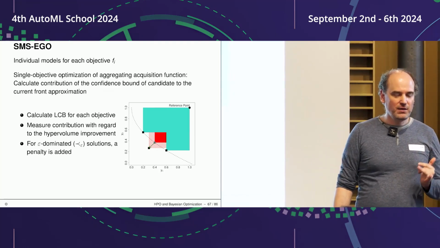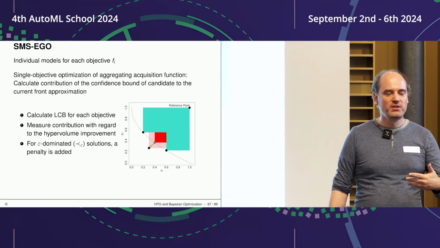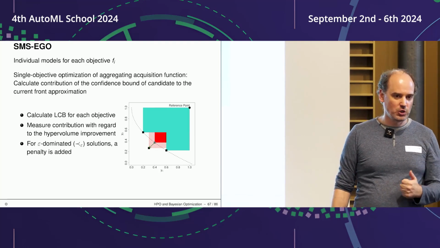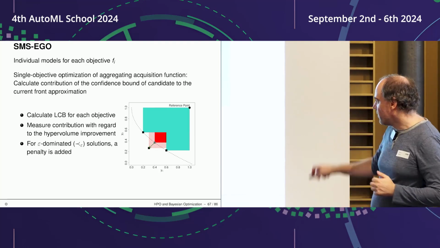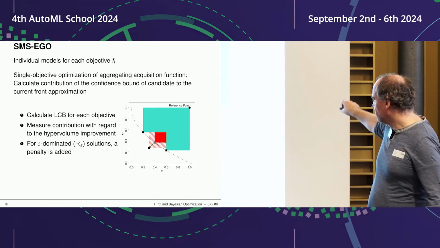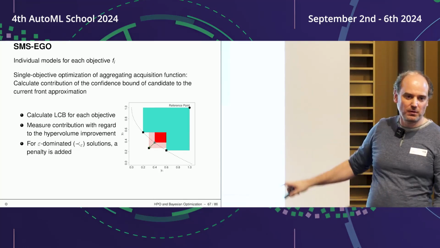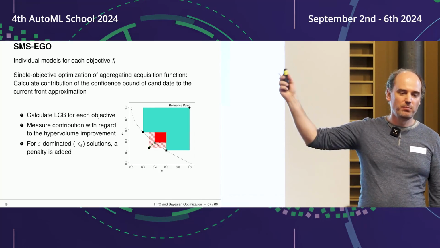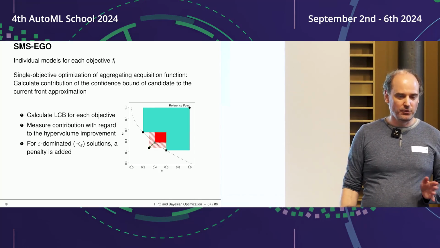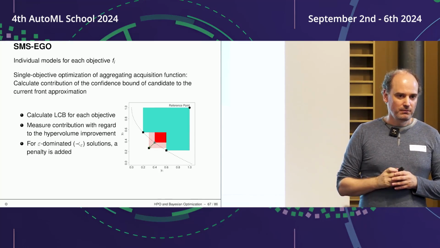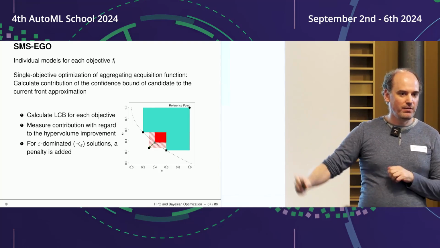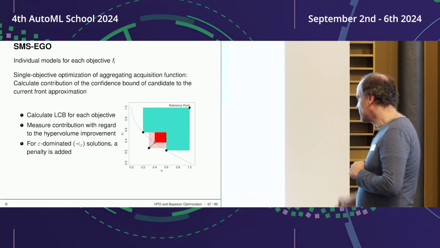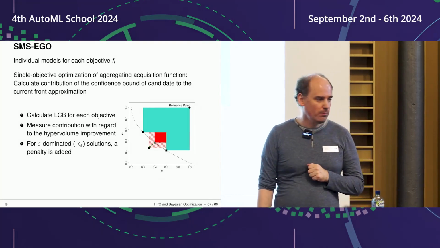And this value I take, and the larger that is, the more I'm interested in evaluating that. That's actually my acquisition function. And then there's some technical detail in there to make sure we get a reasonable acquisition function value if the predicted point is behind the front, okay? I'll not explain this now, so that this is not always 0 and we flatline there. Does that make sense? Yeah?